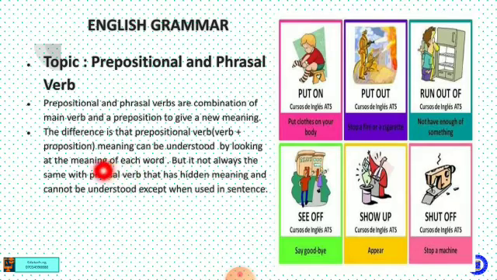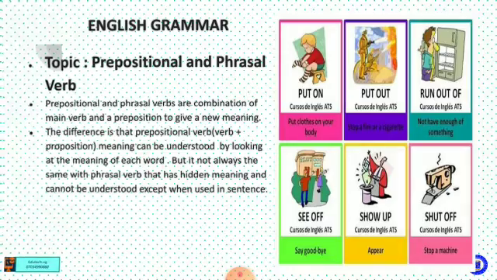All right, the meaning can be understood by looking at the word. But for phrasal verbs, the meanings cannot be understood that way, as they have other meanings, different from that of a prepositional verb.